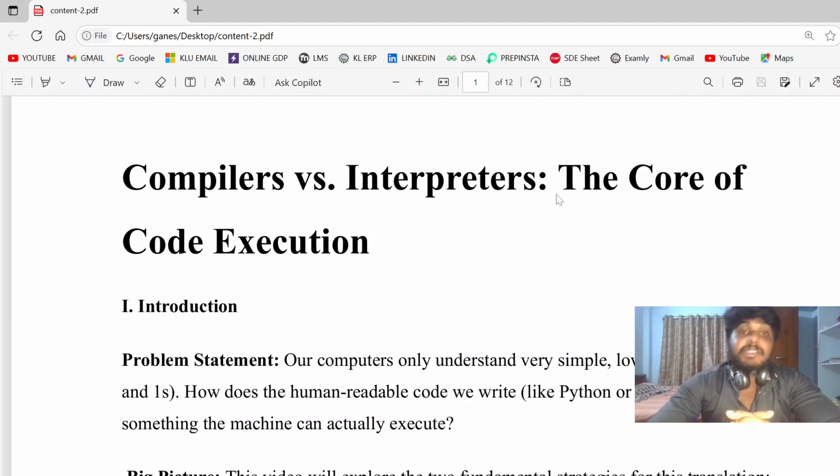So today's topic is compiler versus interpreter, the core of code execution. What is a program? Now I am talking in English. If you know English, you will understand what I am saying.